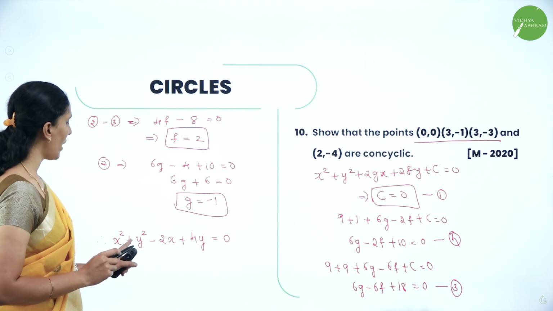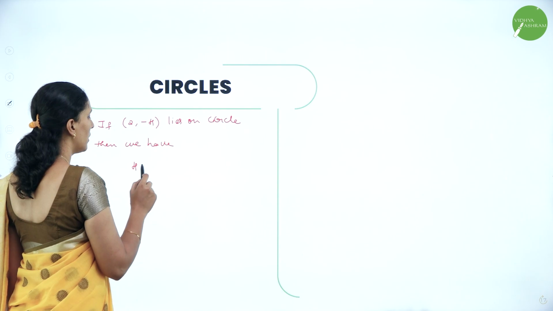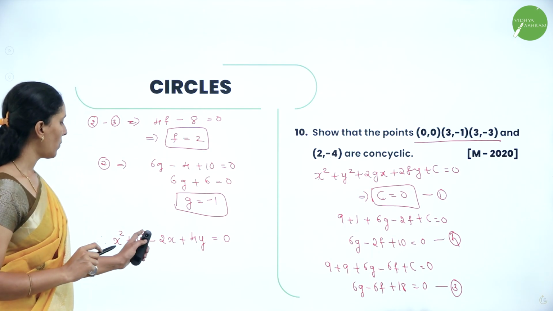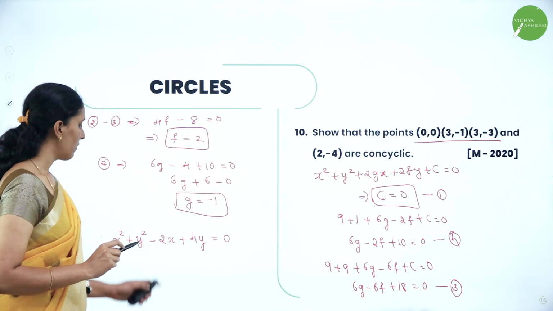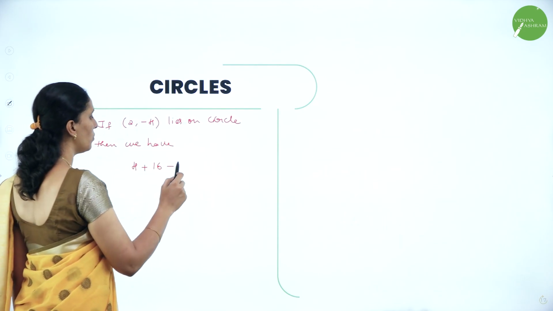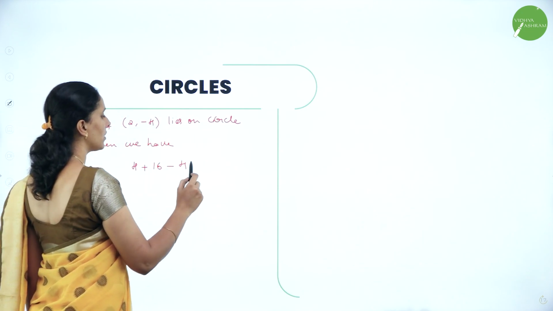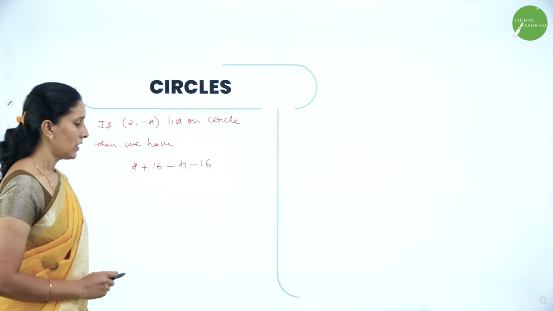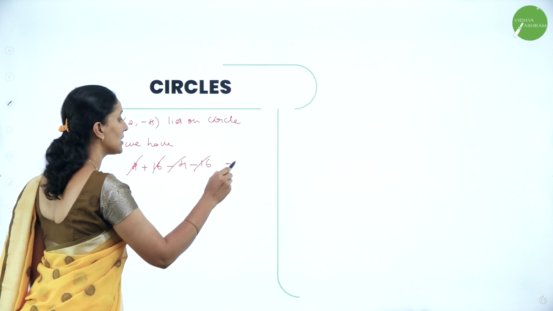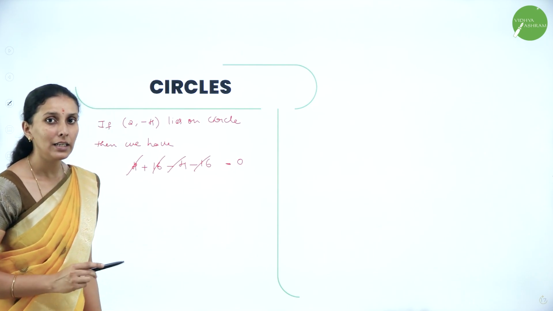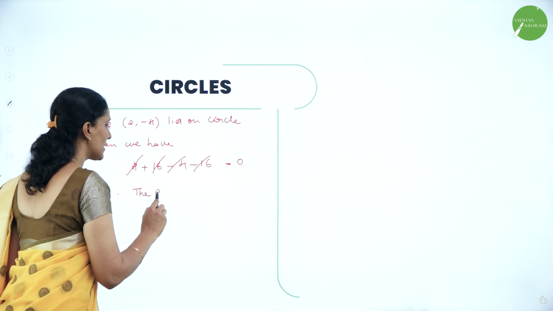Then we put x square as 2 square, which is 4, plus y square as minus 4 whole square, which is 16, minus 2x, 2 into 2, 4. Next we have 4y. So 4 into minus 4, minus 16. So clearly you can see plus 4, plus 16, minus 4 and minus 16 is equal to 0. Yes, we are getting the value as 0. So therefore the points are concyclic.